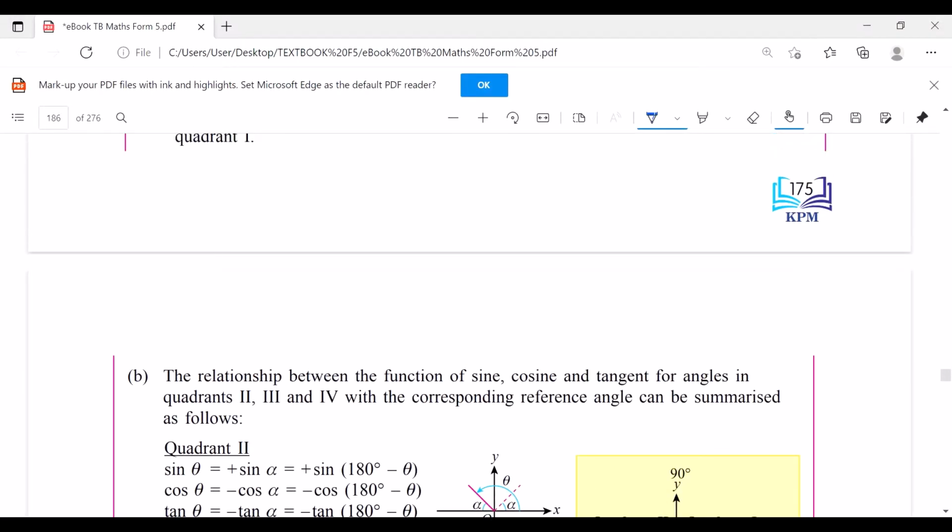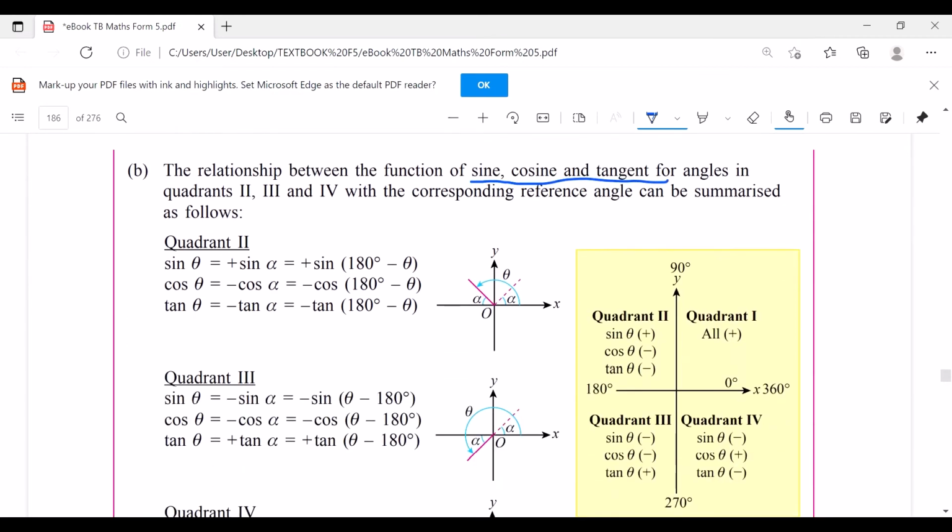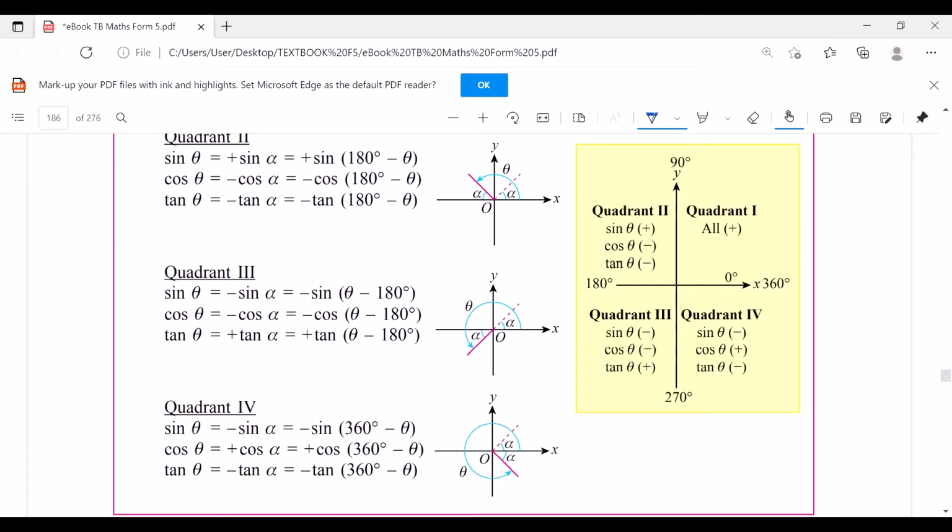Okay, next you will learn about the relationship between the sin, cos, tangent. We go to the shortcut: add sugar to coffee. You can make any acronym, but a very easy one is add sugar to coffee.